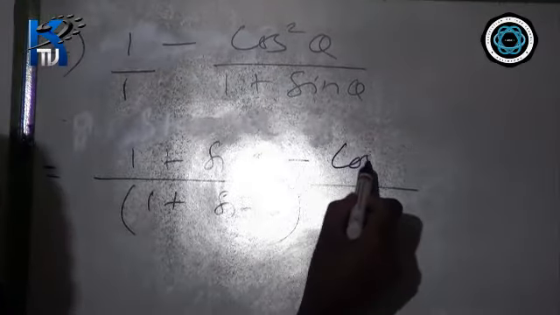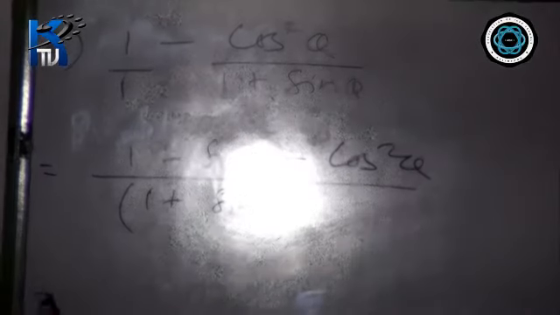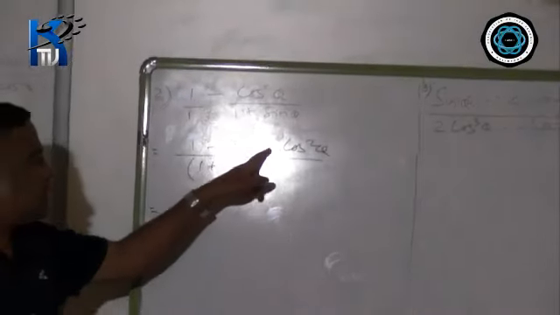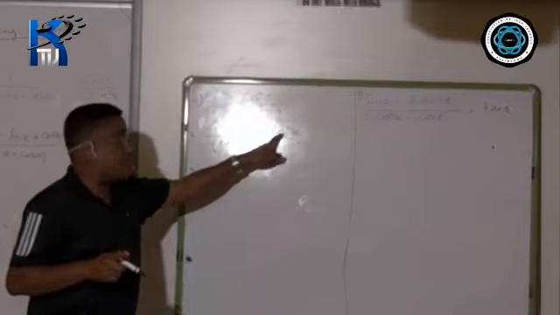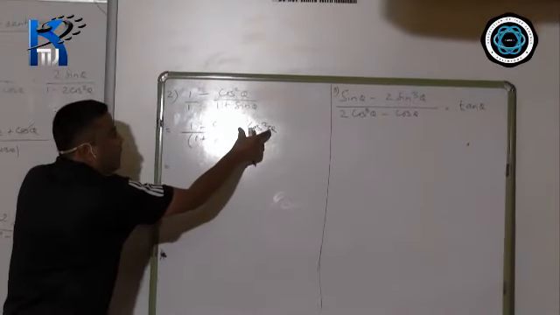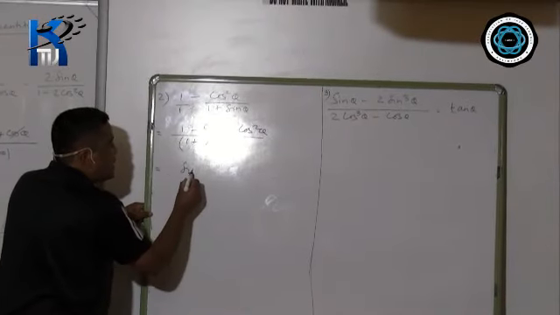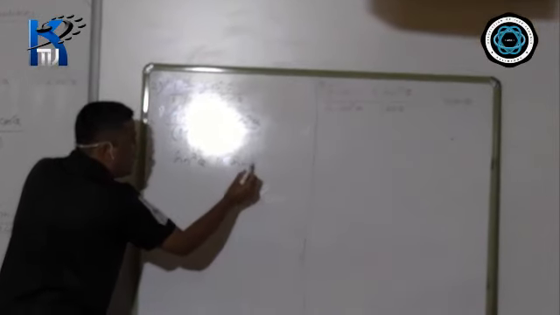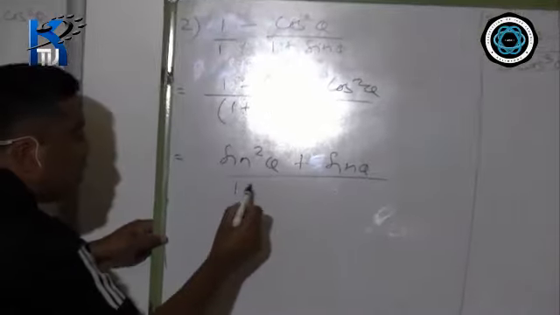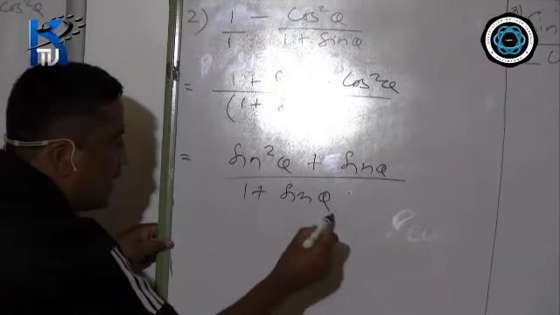So what is left is cos square theta. Now use your brain. 1 plus sin theta minus cos square theta. Now 1 minus cos square theta. So again 1 minus cos square theta is sin square theta plus sin theta divided by 1 plus sin theta.